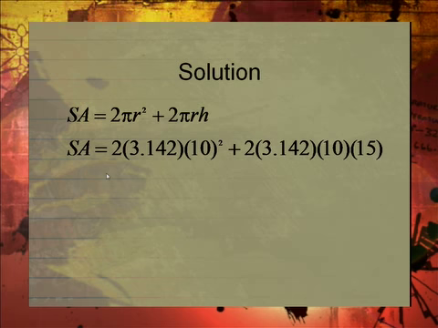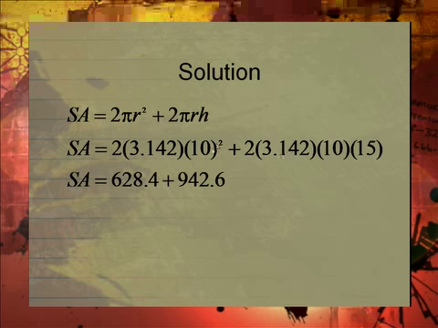Let's have a look. Now, I'm going to work this in parts. Look at this. 628.4 is what you get when you multiply. You put the whole thing on a calculator and then you square it. Then you work the second part separately on the calculator, and you have 942.6. From there, you put this together through addition: 628.4 plus 942.6.